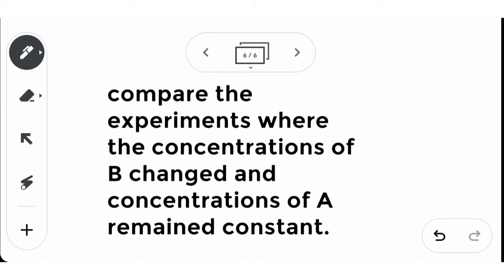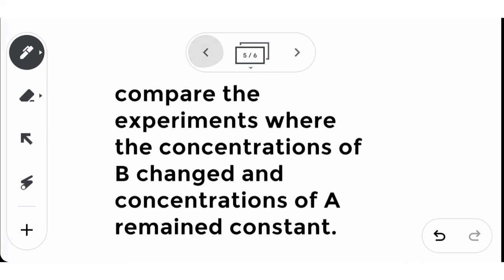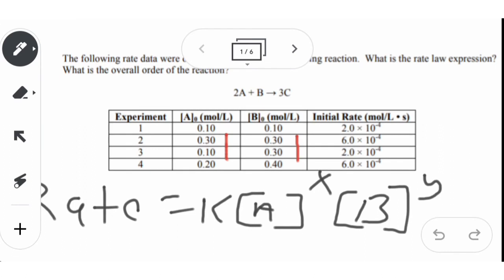So to calculate the value of y, we're going to compare the experiments where the concentrations of B changed and the concentrations of A remained constant. If you look at this table, you can see that experiment number 1 and experiment number 3 here, 1 and 3, the concentrations of A remained constant while the concentrations of B changed.